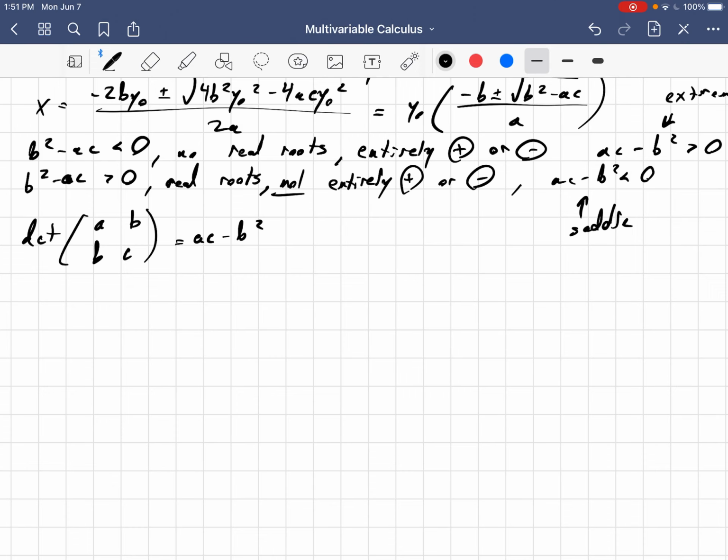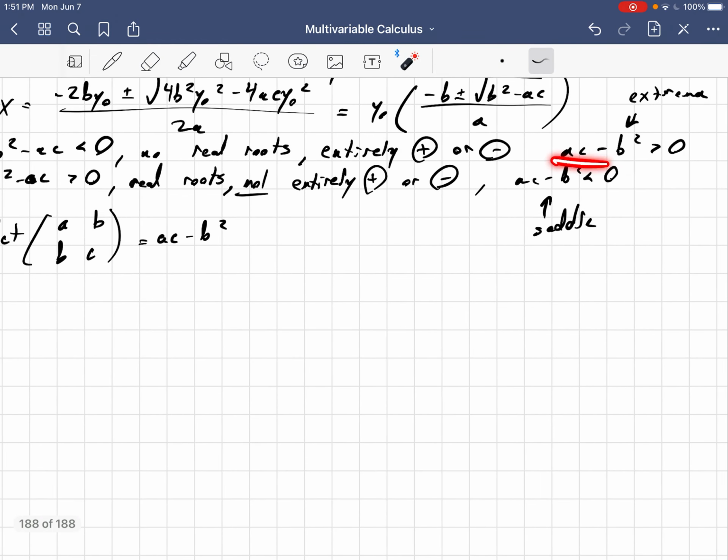This is why we want to write it this way, because when we're dealing with extrema of higher order functions, it's important to be able to generalize that in terms of the determinant of a matrix.